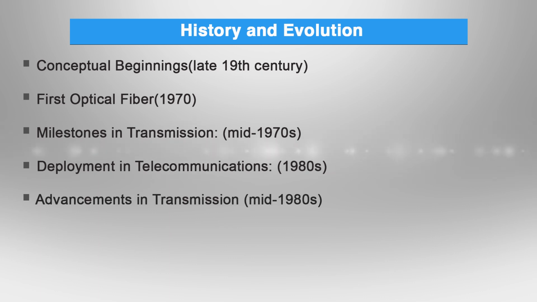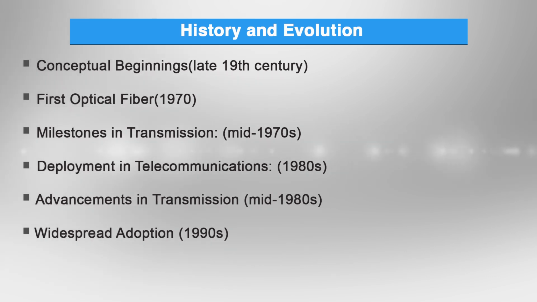Advancements in transmission: the development of erbium-doped fiber amplifiers in the mid-1980s allowed for long-distance transmission without frequent signal regeneration, further boosting the efficiency of fiber optic networks. Widespread adoption: from 1990 onwards, fiber optics became important in global telecommunication networks, providing the backbone for internet infrastructure and high-speed data transmission.